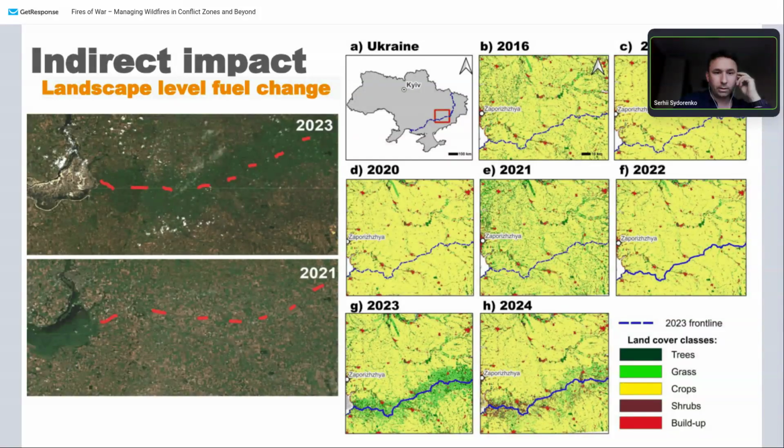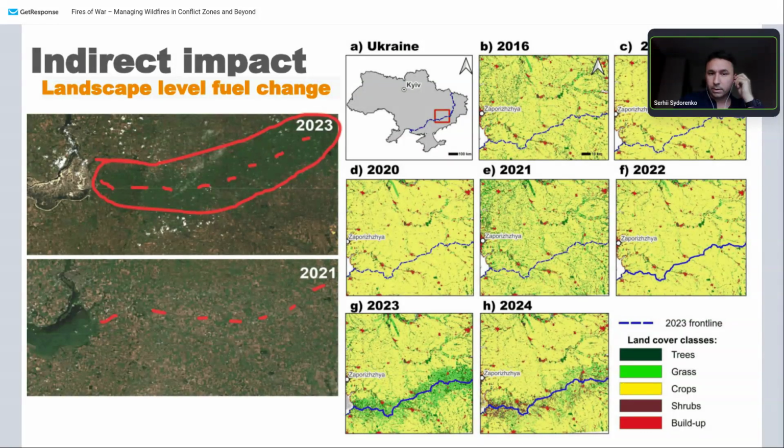Here where I drew lines, even without any classification or processing, we clearly see that vegetation types have changed. We see a huge green belt here. And in terms of fire signs, it means that vegetation types and also fuel complexes on the territory have changed.